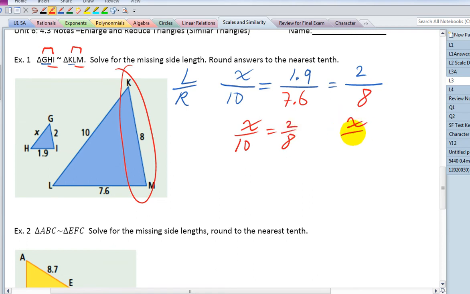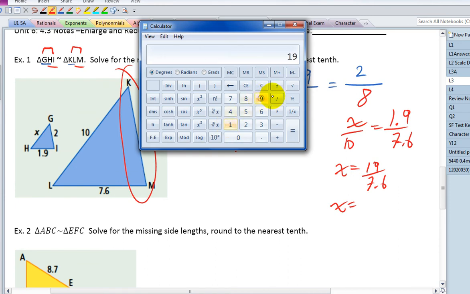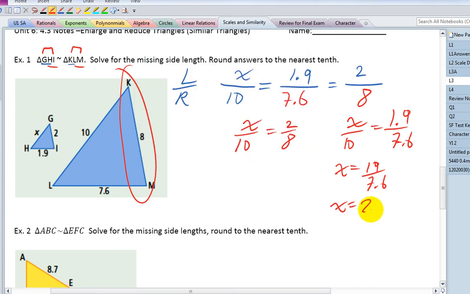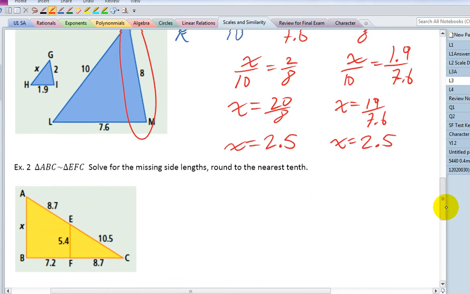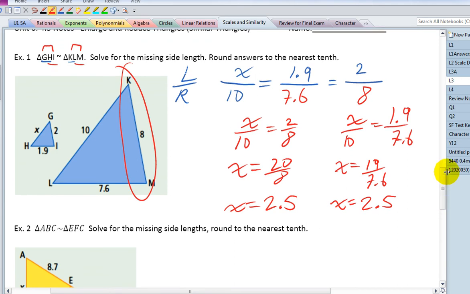Go ahead, solve for x. x equals 2.5. And if you do the other way, you get 20 over 8. x, I believe, is 2.5 again. Any questions? So you just pick which one. You don't have to do both. I just wanted to show you both methods.